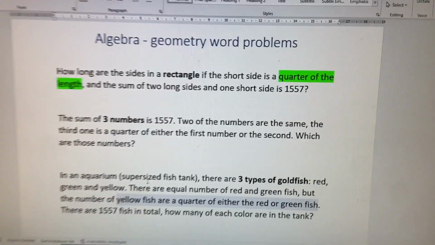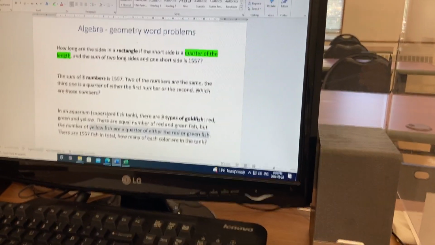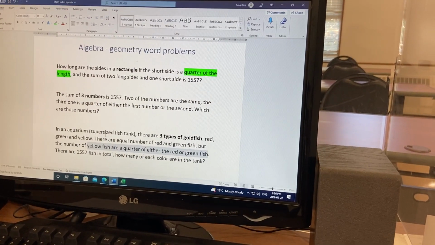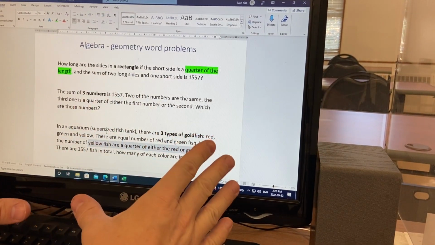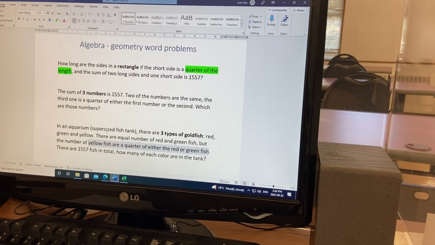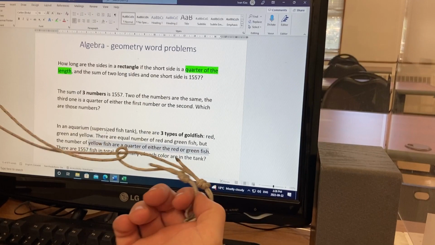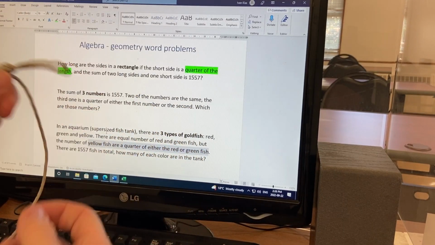For that, let's take a step back here, and I want to point out that you need to recognize that these word problems, or this one word problem, is what's known as a fixed length problem. And of course I have a piece of a string here that has a fixed length.